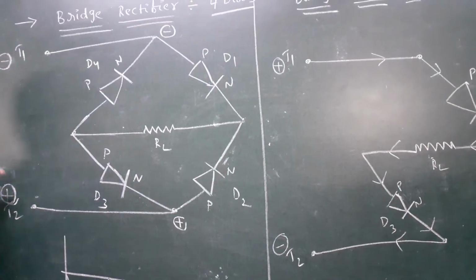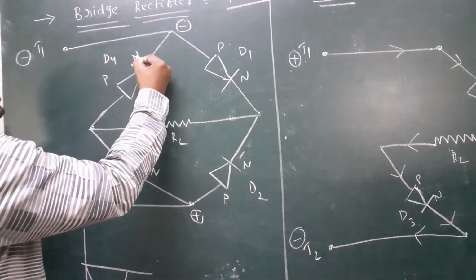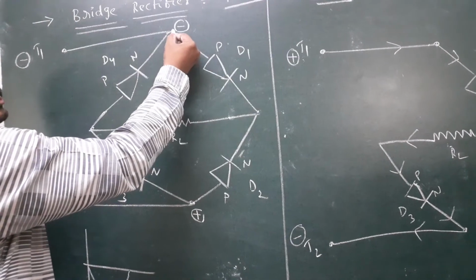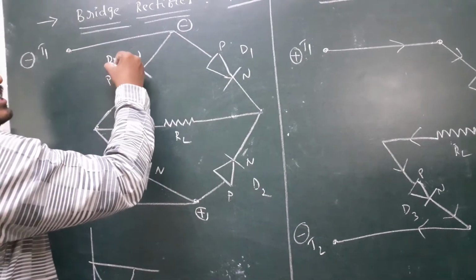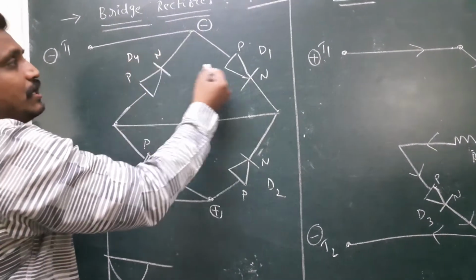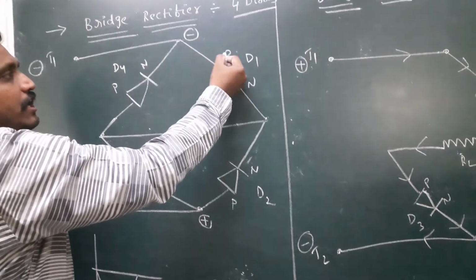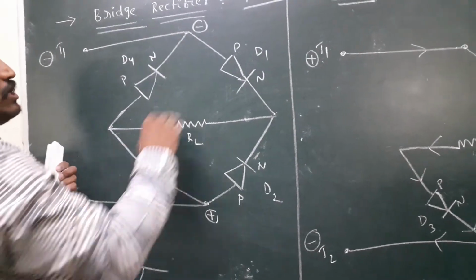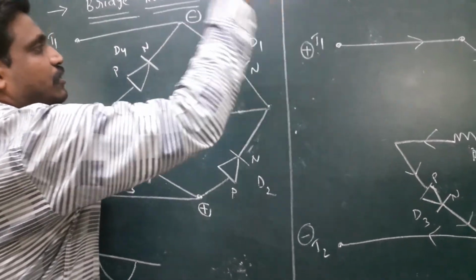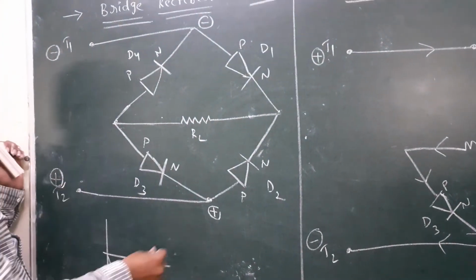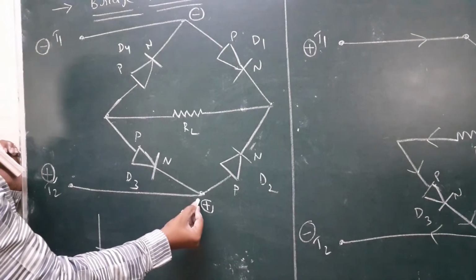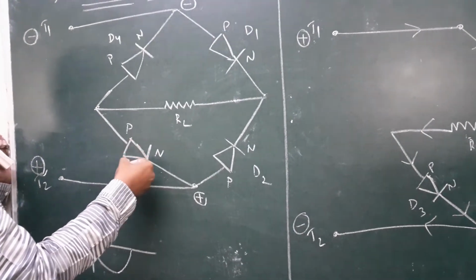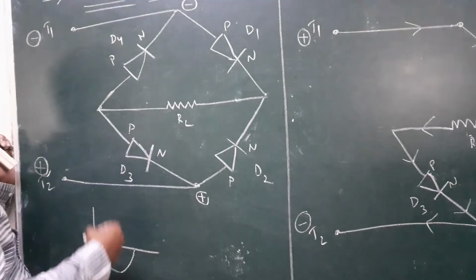Look at the diagram once again. Here N is connected to negative, that means D4 acts as a forward bias. P is connected to negative, so D1 acts as a reverse bias. In this case D1 is removed. Next, N is connected to high, this is reverse bias, so D3 will be removed.